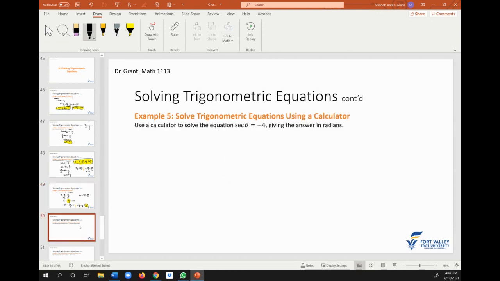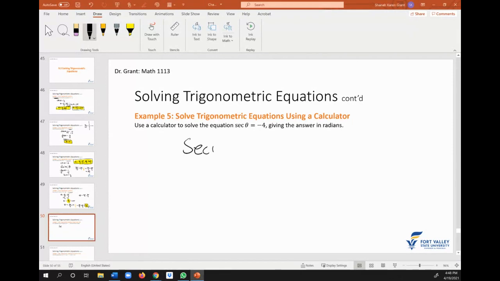Now here we are looking to use a calculator to solve this problem. So now if you are using a calculator, I'm hoping that you guys have the required calculator. Let me pull up Desmos. So you should be able to utilize the secant inverse function.